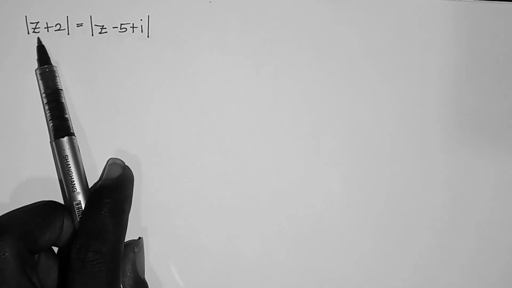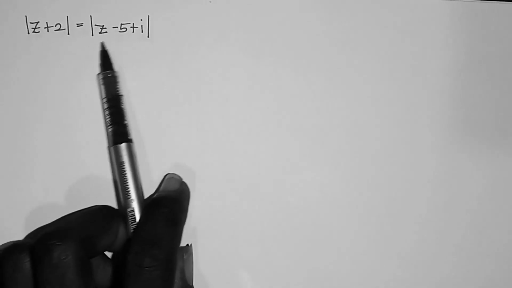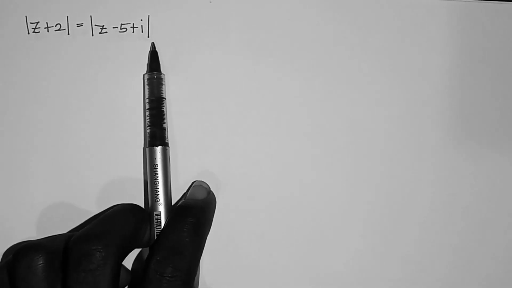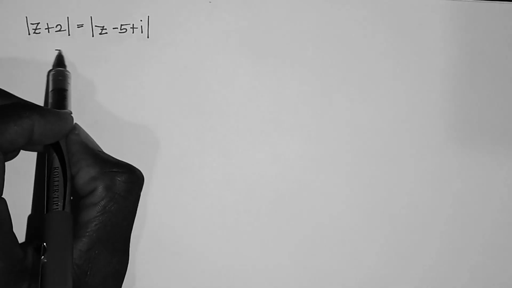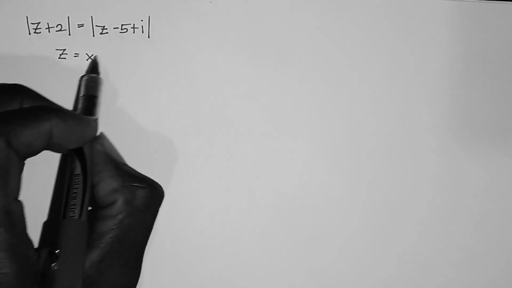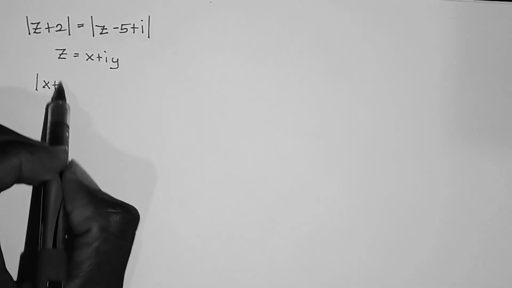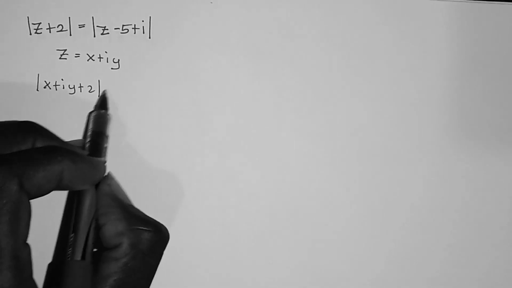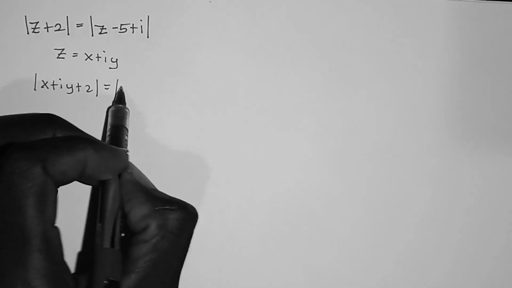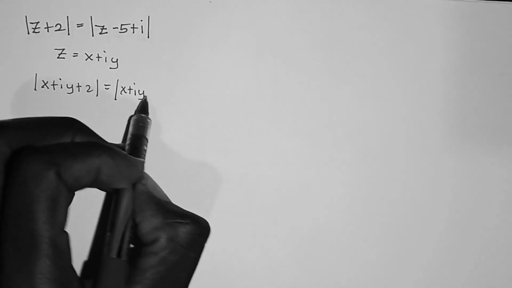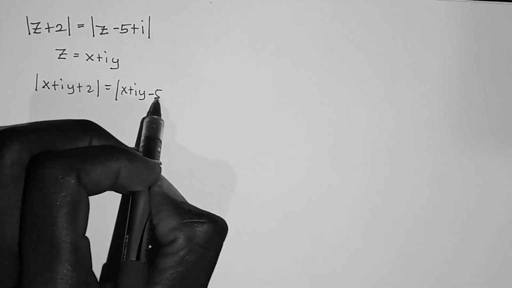It is modulus of z plus 2 equals modulus of z minus 5 plus i. So let's use the substitution z equals x plus iy. So this is modulus of x plus iy plus 2 equals modulus of x plus iy minus 5 plus i.